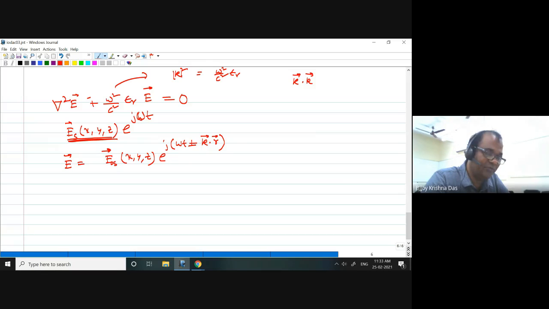Because both are vectors, the position is not just along one axis, and k is not just along kx or kz. It depends on which direction. You have to take the dot product of the k vector and the r vector.